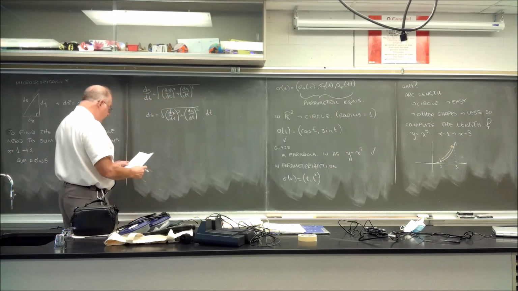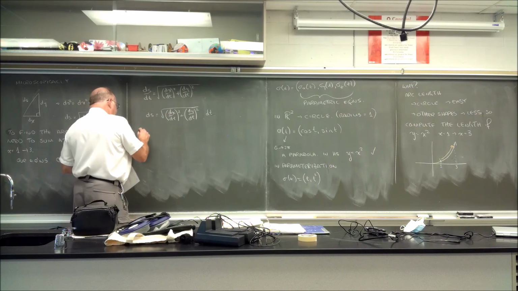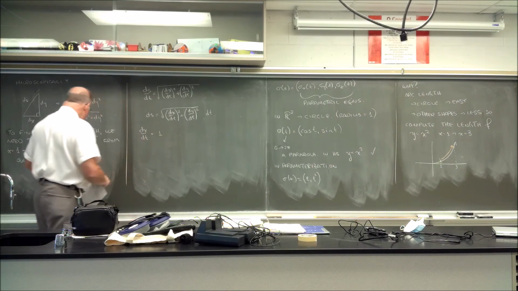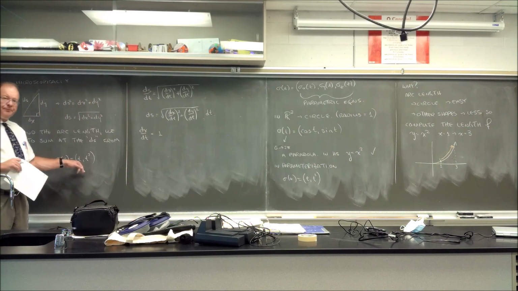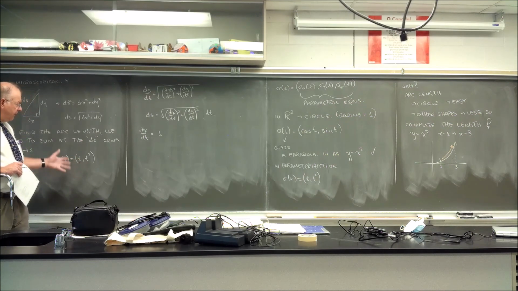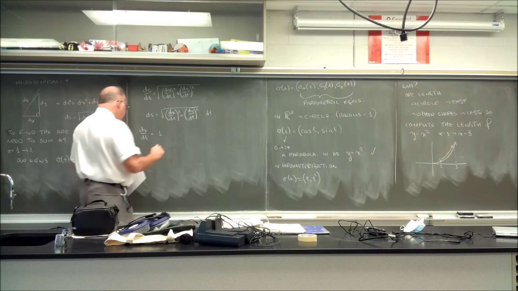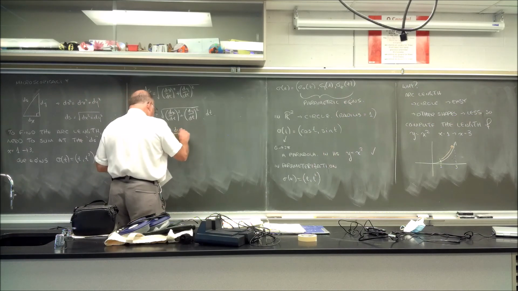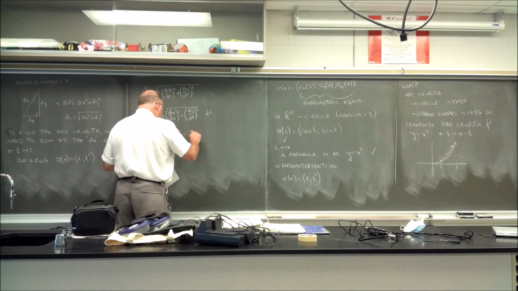Now, let's look and see what we have here. So, dx/dt is equal to 1 because our x variable is t, our parameter. Just happens to coincide in this case. So, dx/dt is going to be 1, and dy/dt is 2t.